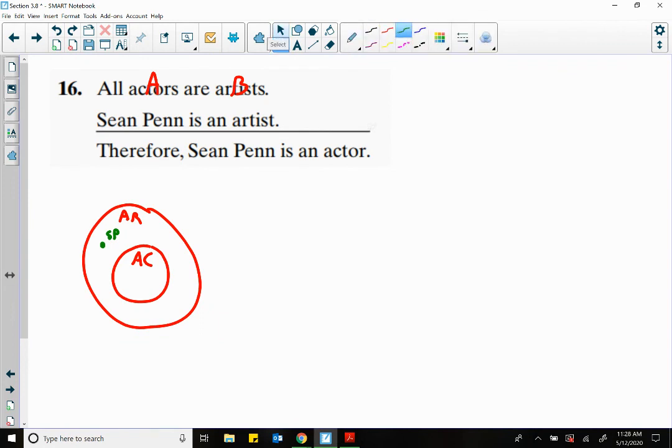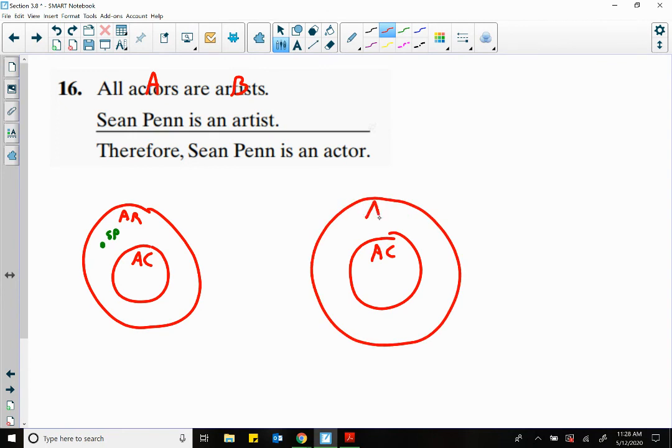And the answer is no. Because again, all I have to do is make sure that Sean Penn stays in the AR circle. So another place we could put Sean Penn is right there. Because isn't the point SP inside the circle AR? Absolutely. So this is actually a point that they gave you.